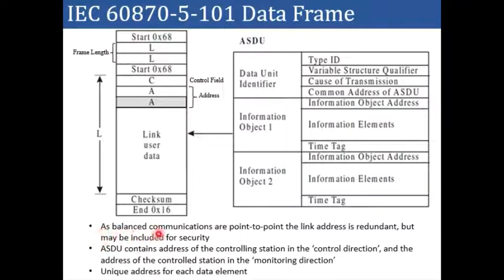Now, as the balanced data communications are point to point, the link address will be redundant in that case, but it is included for security purposes.